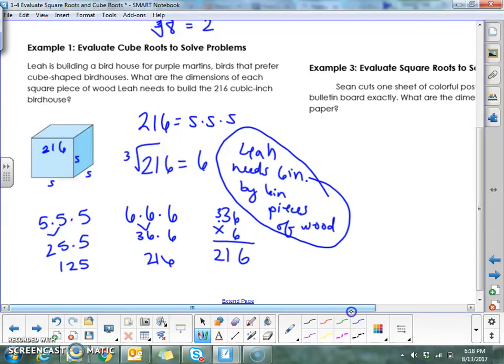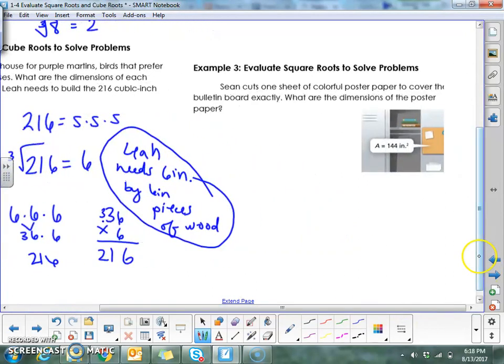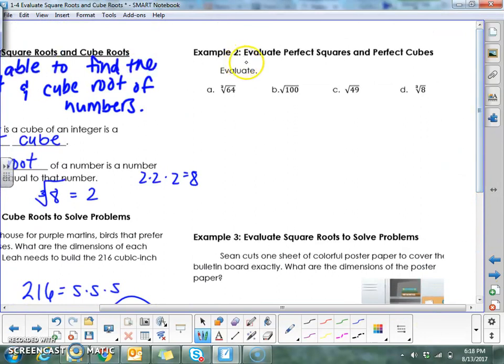Okay, example 2. These just want you to evaluate, so we have some perfect squares and some perfect cubes. So these ones, you're going to have to try and see what number you think multiplied by itself 3 times is going to give me 64.